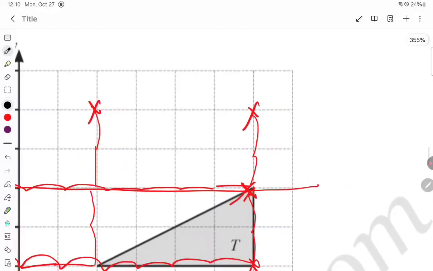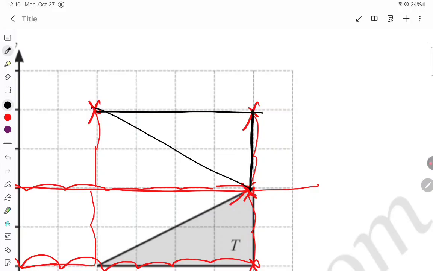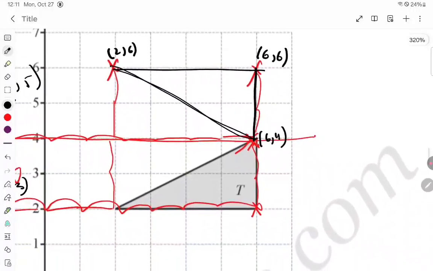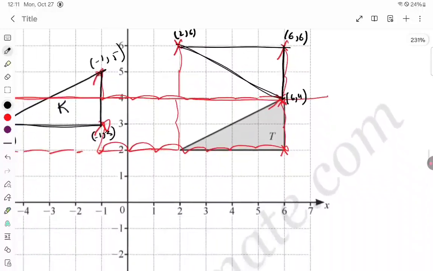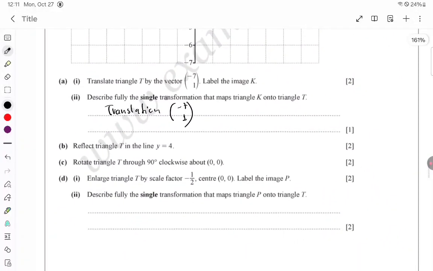Simply join the lines and mark the coordinates. So this is the reflection at y constant, which is 4.